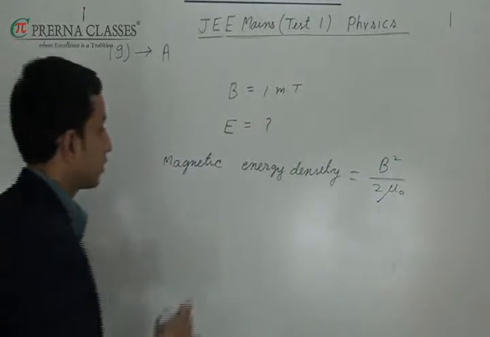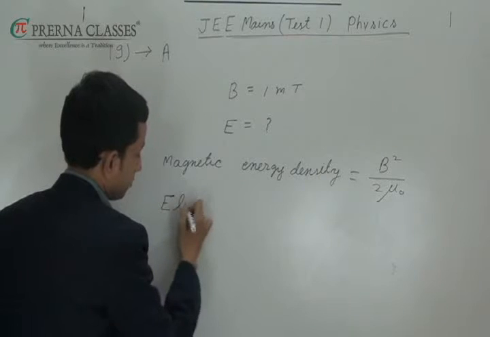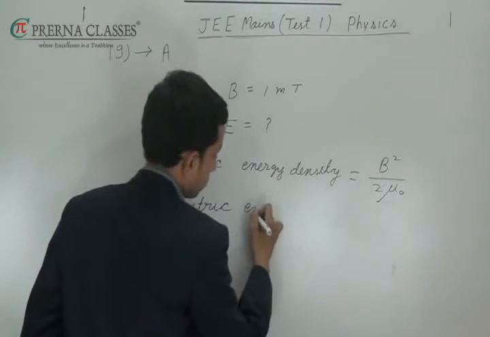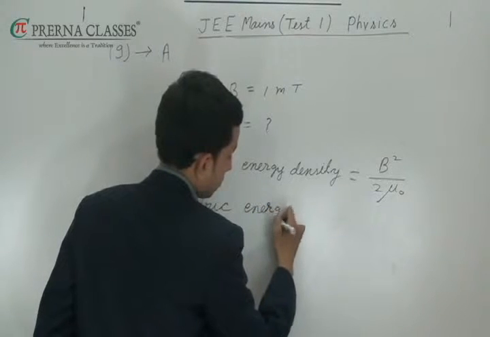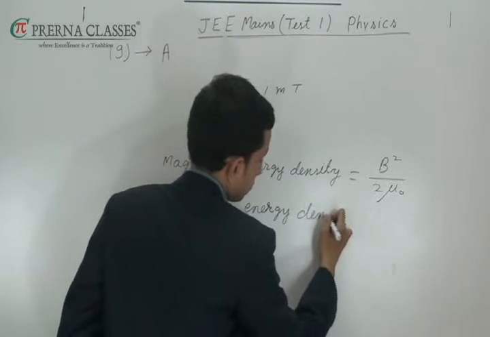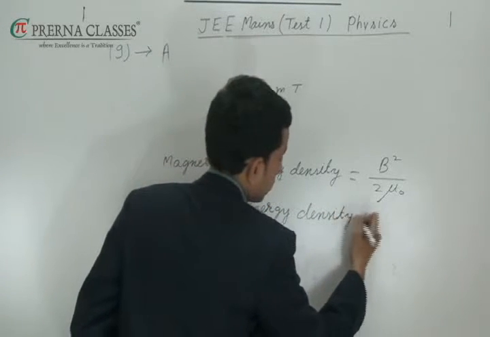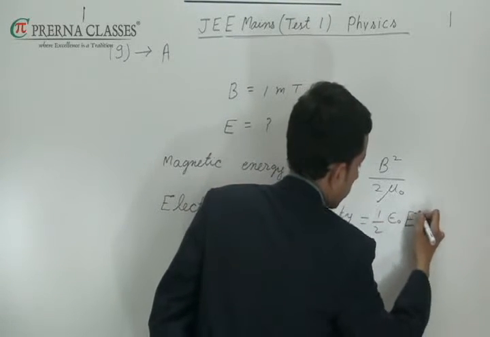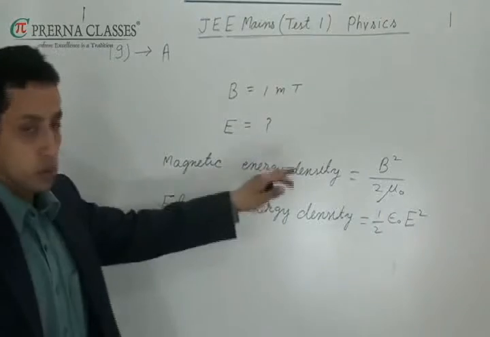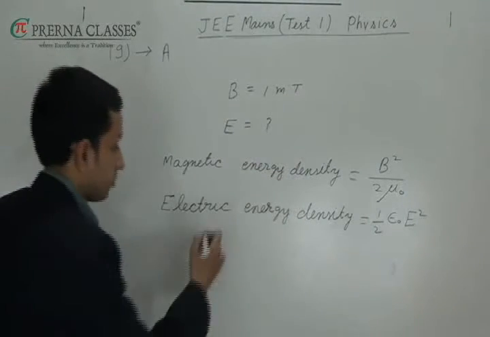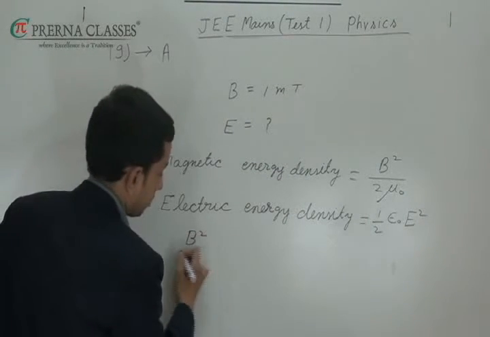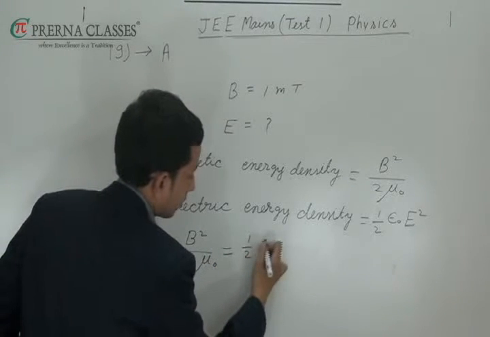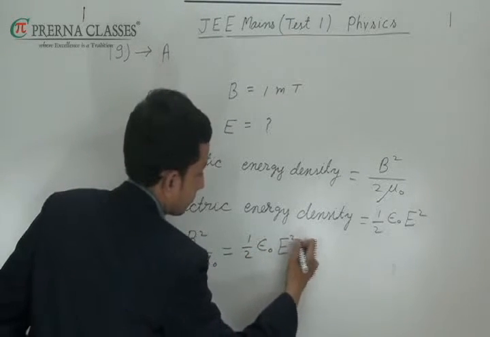Now we will write the electric field energy density. Its value is half epsilon naught E square. Now according to the question, these two should be the same. So B square by 2 mu naught equals half epsilon naught E square.